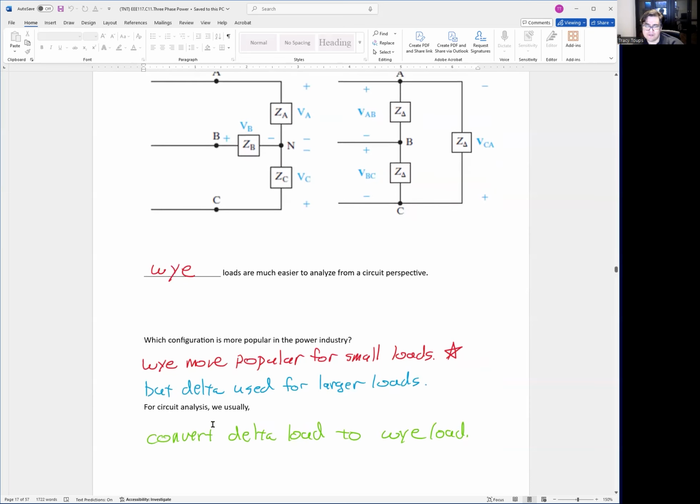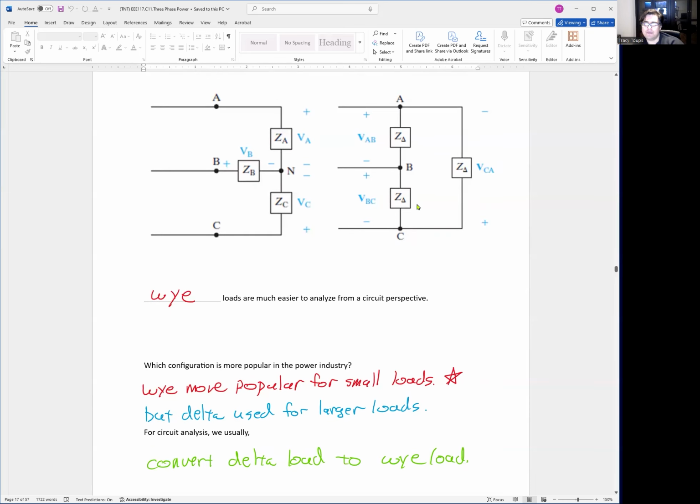Now, for circuit analysis, if we ever see a delta load, you've probably seen a delta connected resistor set in Engineering 17, it's more advantageous to convert this to a Y load and then do our analysis. Analysis on a Y load is very easy. You just figure A phase and B and C phase follow suit.